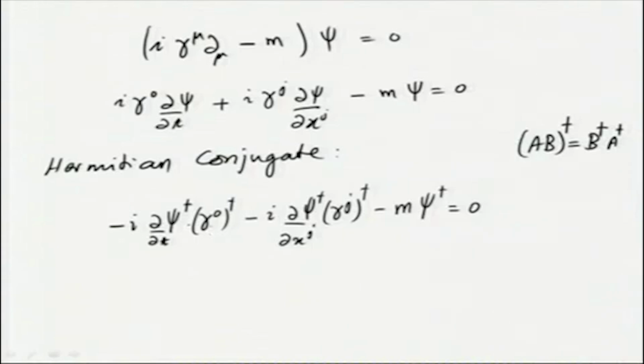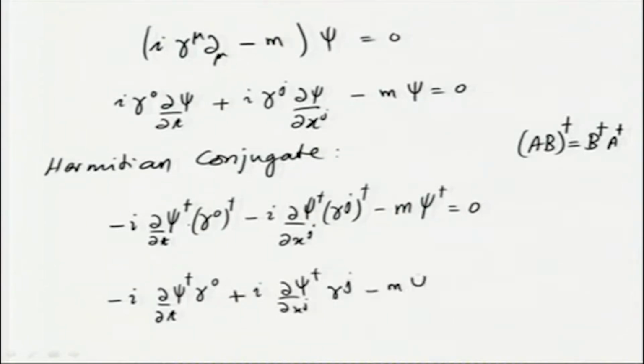We know what gamma 0 dagger is, it is gamma 0 itself. So, we have minus i dou by dou t psi dagger gamma 0, but gamma j dagger is minus gamma j. So, there is a change of sign there, it is plus i dou by dou x j psi dagger gamma j minus m psi dagger, which is equal to 0.